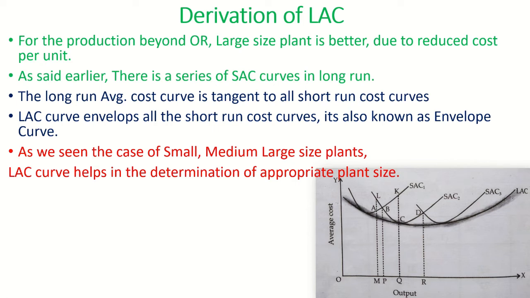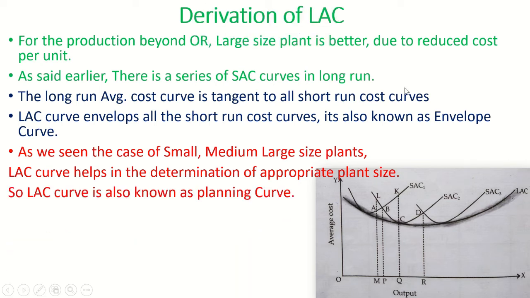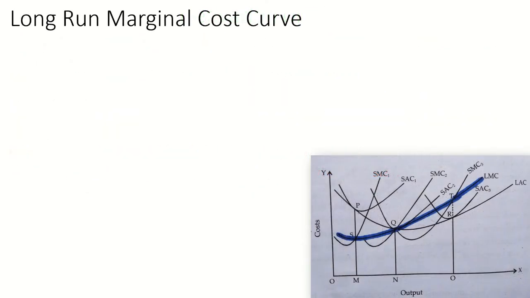So the LAC curve helps in the determination of appropriate plant size. And the long-run average cost is also known as the planning curve. So we have seen two different names for the long-run average cost curve: first, the envelope curve, and second, the planning curve. Why is the LAC known as the envelope curve? Because it envelops all short-run curves. Why is the LAC known as the planning curve? Because it helps in the determination of appropriate plant size.